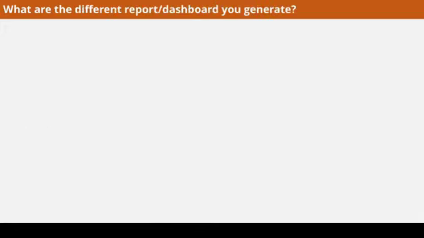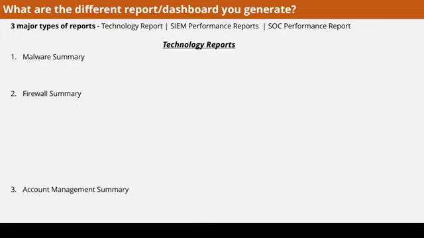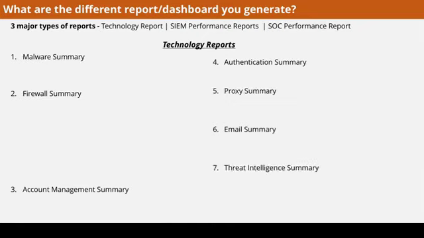What are the different reports or dashboards you generate? There are three major types of reports typically generated in SOC. One is technology report, SIM performance report, and SOC performance report. Technology reports include malware summary, firewall summary, account management summary, authentication summary, proxy summary, email summary, and threat management summary.